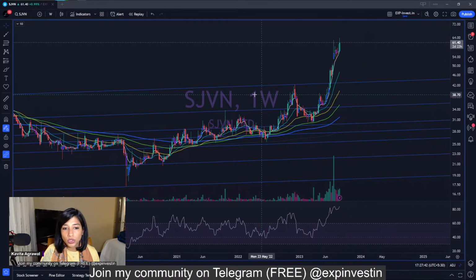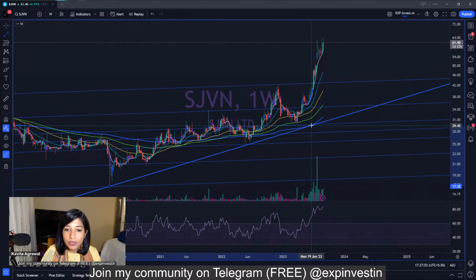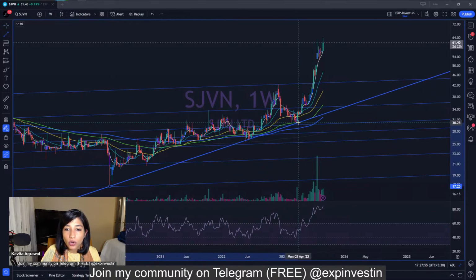One thing that you could do is, since this is the weekly time frame and there seems to be a massive reversal which happened in the stock since March 2020, we draw a new trend line with a fresh slope by joining the lows which have been already pretty well established.